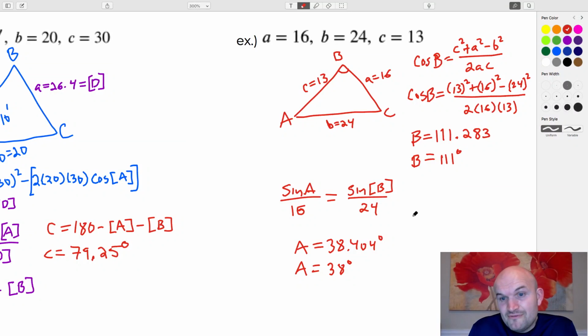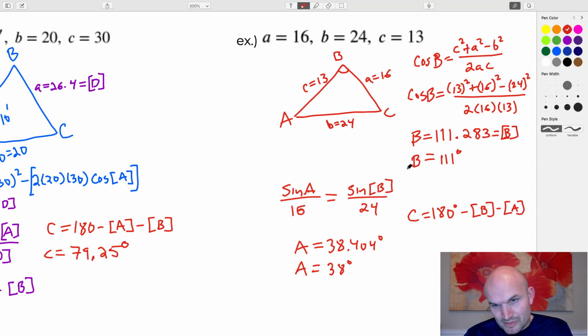So now when I want to figure out C, this has been stored, right? I've stored this answer. So then I want to find C. I'm going to do 180 degrees minus my stored answer B minus my stored answer A. Now, this really doesn't matter as much because we're dealing with degrees, which we're going to round to the nearest whole anyways.